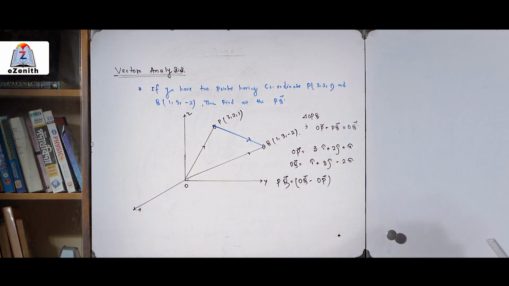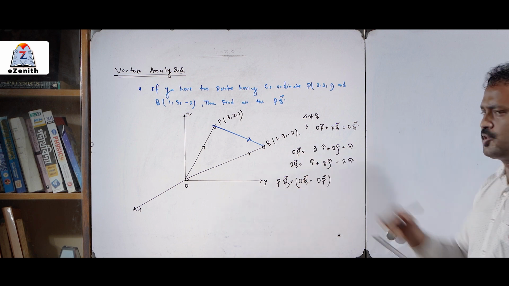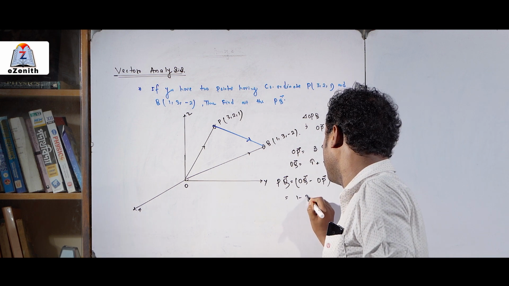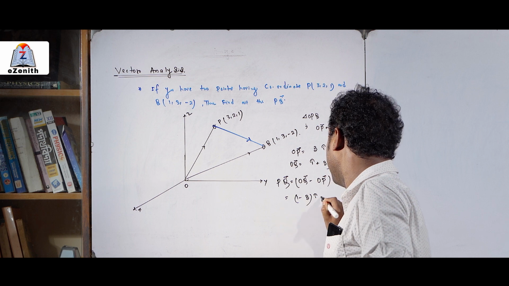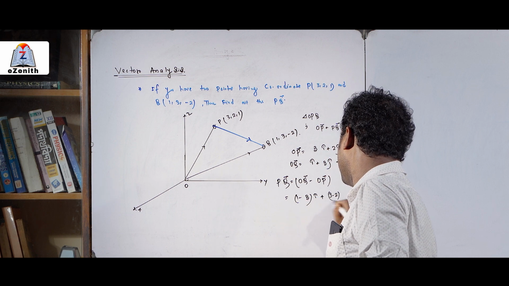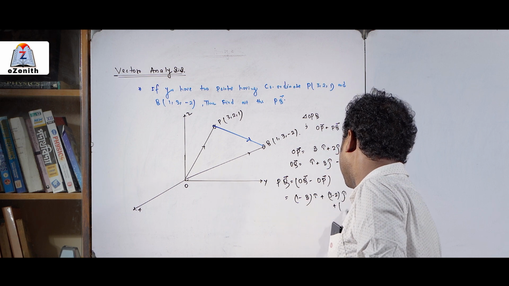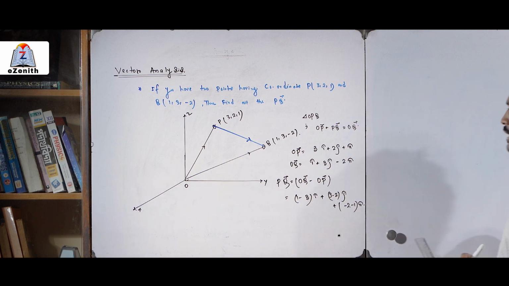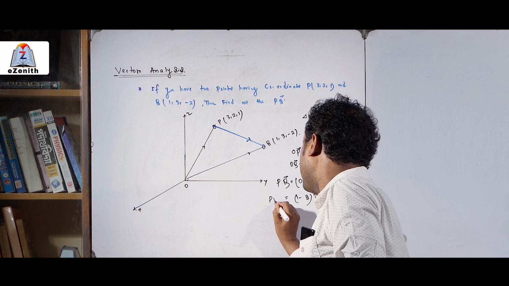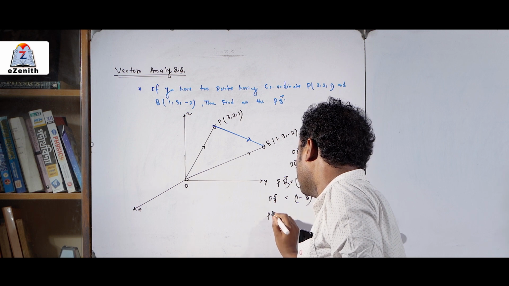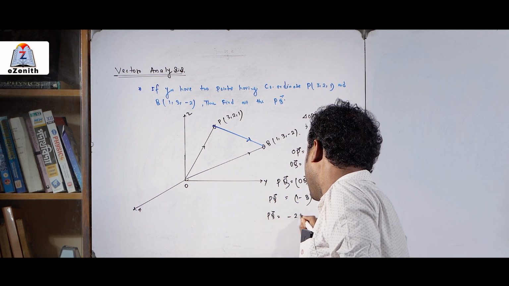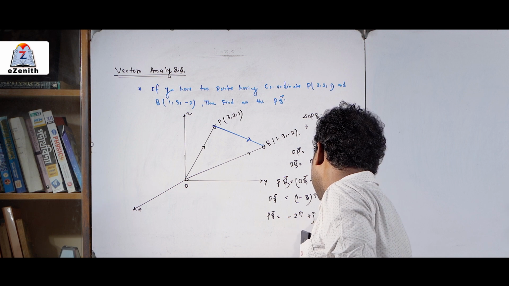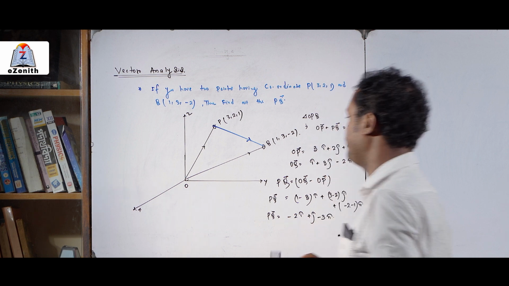So what is OQ vector minus OP vector? That is (1 minus 3) i cap plus (3 minus 2) j cap plus (minus 2 minus 1) k cap. That is very simple. PQ vector is equal to minus 2i plus j minus 3k.